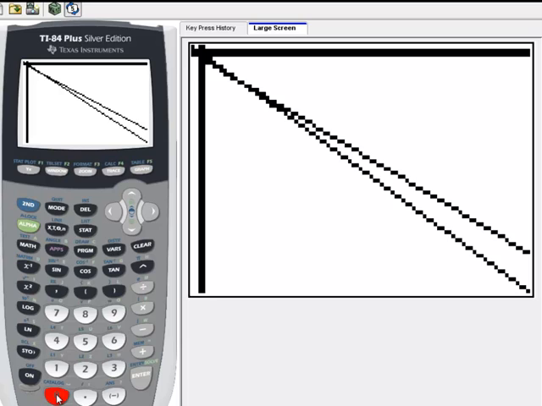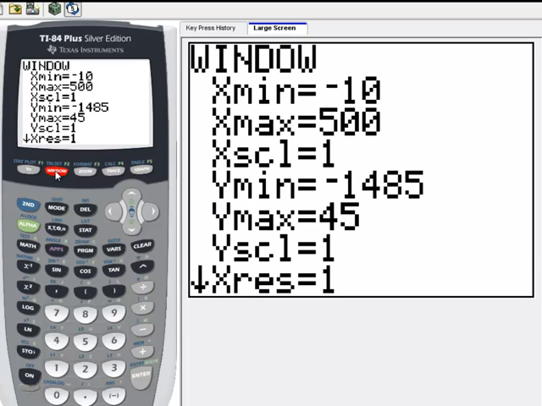Okay, the intersection appears to be actually not nearly so far out as the 500, so let's go back and maybe change the window not so much. So maybe let's make X max 200.